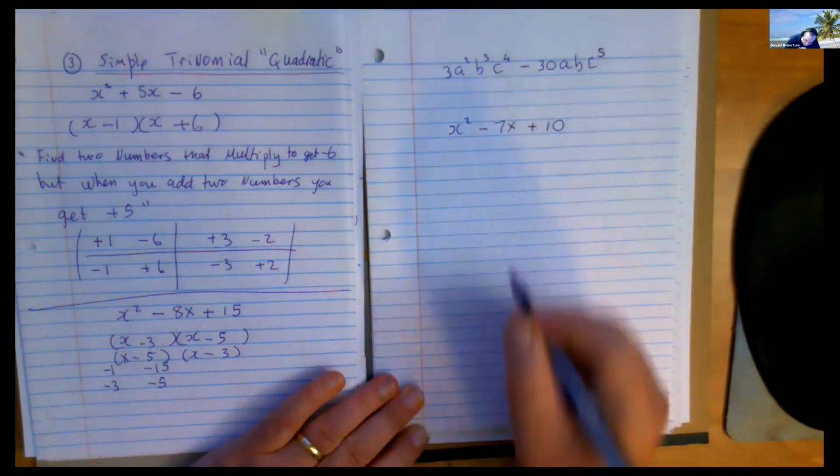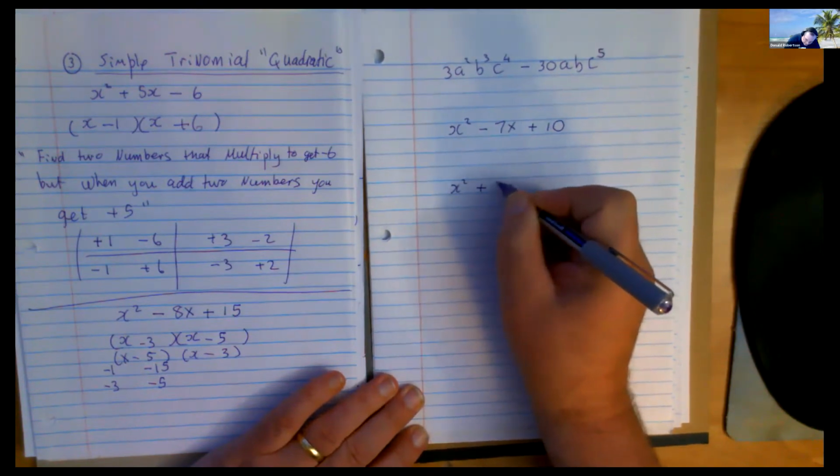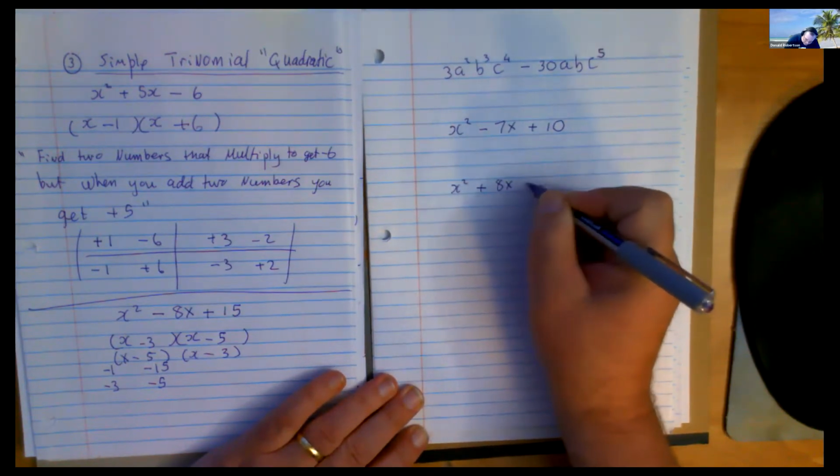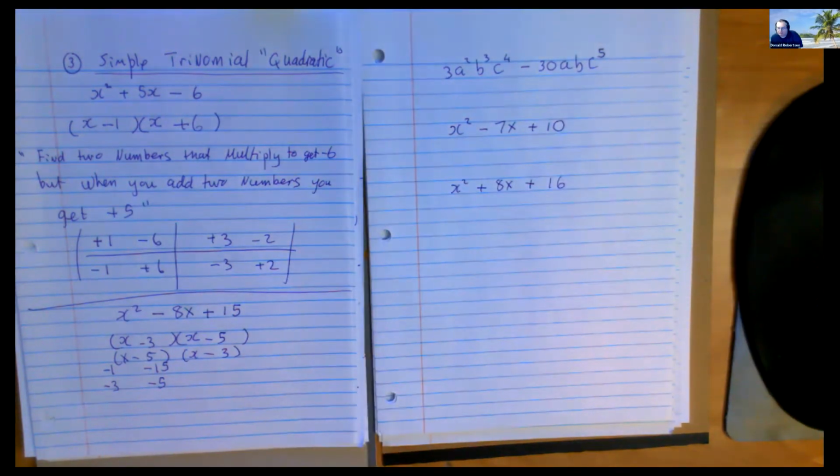I want you to factor that one. And then I want you to factor that one. Again, I'm not going to give you a lot of time. I'll give you a minute and a half, 90 seconds. That's 30 seconds each.